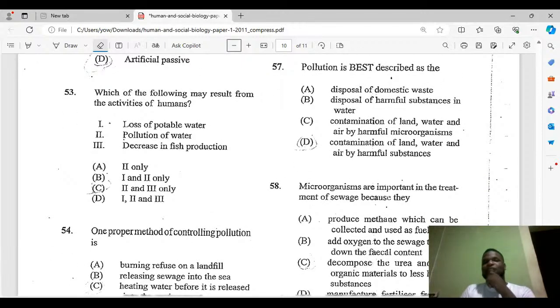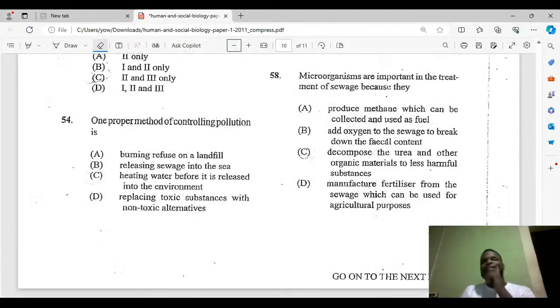Moving on, 58. Microorganisms are important to the treatment of sewage because they, why is microorganism important to the treatment of sewage? They produce methane, which can be collected and used for fuel.